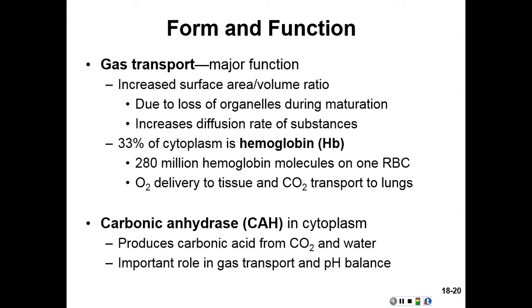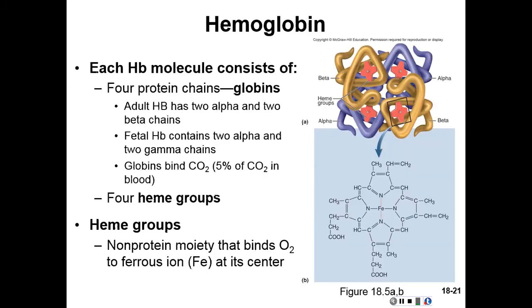You have 280 million hemoglobin molecules on one red blood cell. Carbonic anhydrase is an enzyme that plays an important role in regulating the acid-base balance in the body. When you get to nursing, this is going to play an important role in fluid and electrolytes.